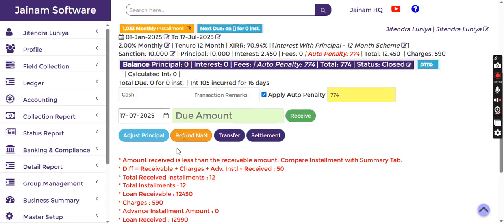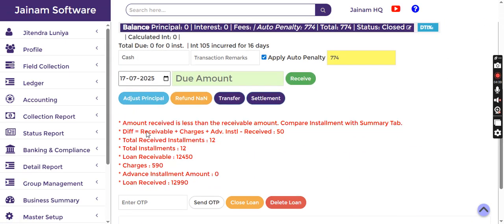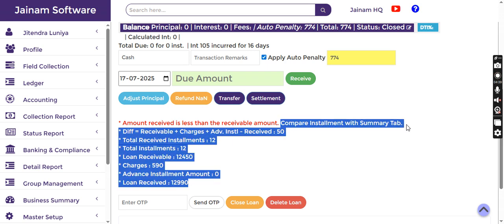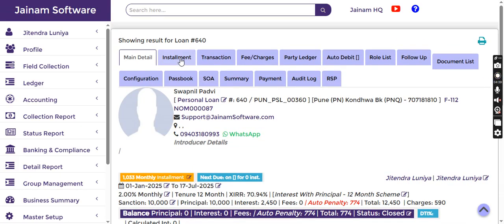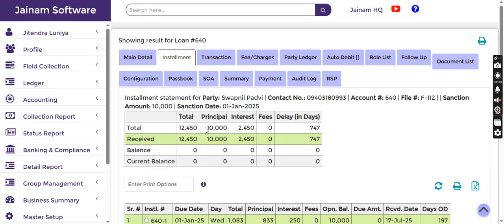So let's understand. Second, the difference is receivable plus charges plus advance installment minus received. The difference is 50. System is detecting that. Now next thing is also mentioned: compare installment with summary tab. Now how to compare? In the installment, you have the principal 10,000, received 10,000.